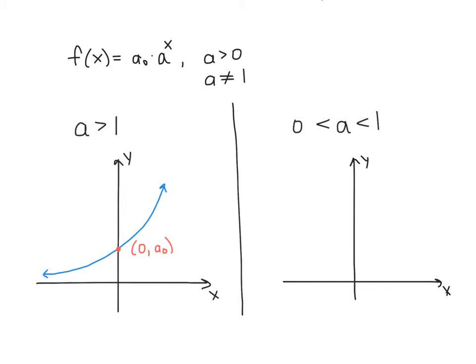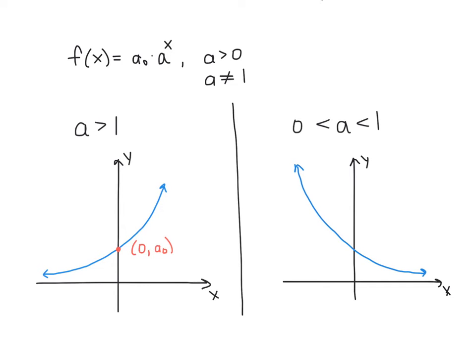Now let's think about what happens when our base a is between 0 and 1. So we can think of a as a positive fraction that's less than 1. Then our function has this general shape. So now what we have here is a positive decreasing continuous function. And as x gets larger, our function approaches 0.